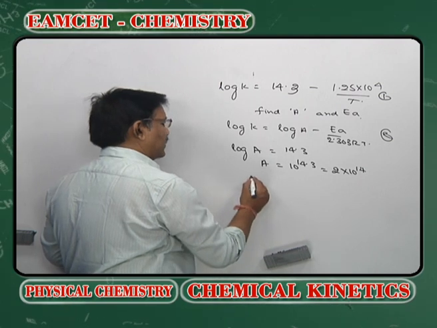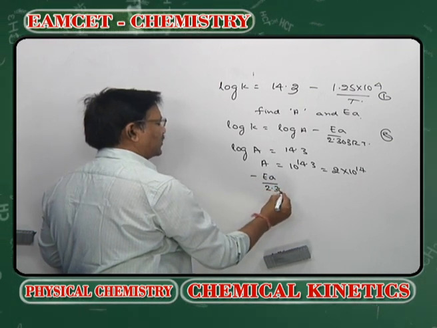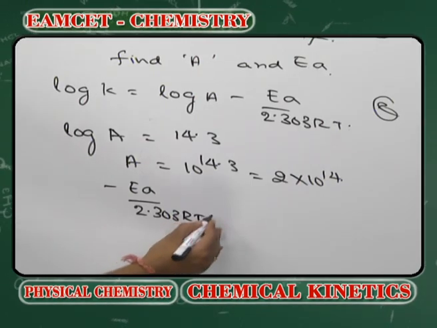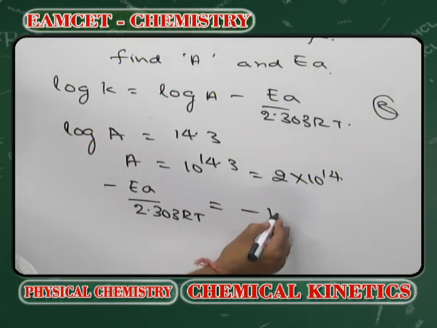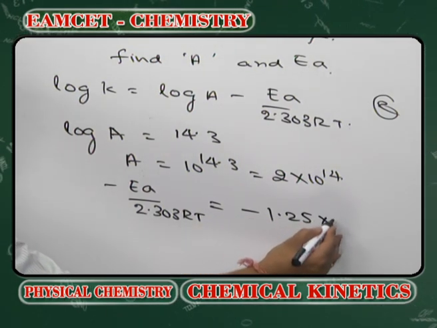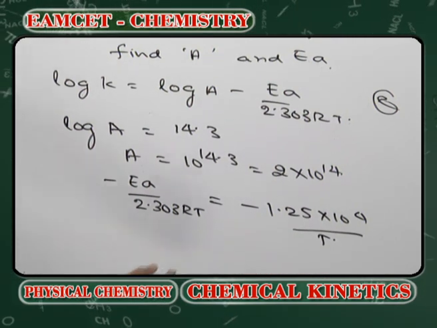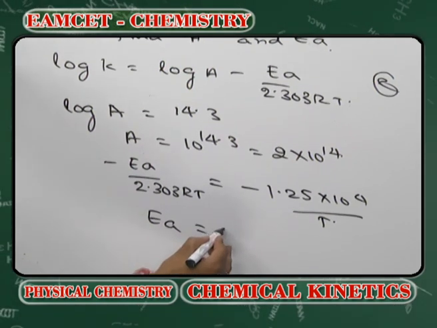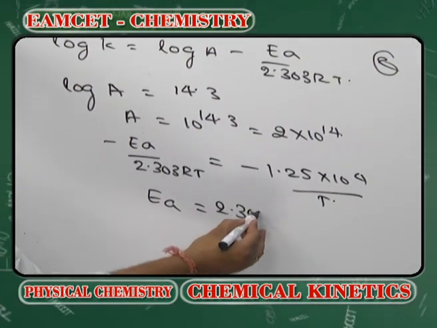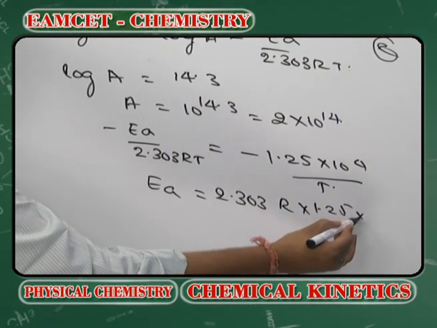Next, minus EA by 2.303 RT is equal to minus 1.25 into 10 to the power of 4 by T. So activation energy will be equal to 2.303 R into 1.25 into 10 to the power of 4.